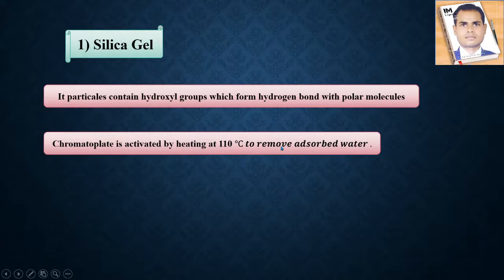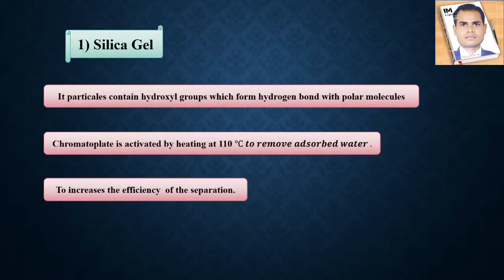The adsorbed water molecules. Some moisture content will be present in that adsorbent, so we have to remove it by giving heat. To increase the efficiency of the separation, we heat that plate. It means we are improving the quality of that TLC plate, and you will get a better result. You will see the proper separation, right?